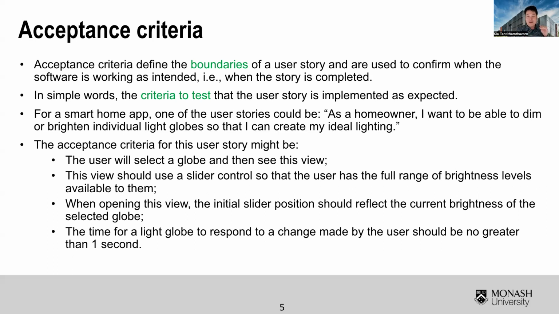Select the light, then the user will be able to use the slider control to control the brightness level, change the color of the light, change the flashing period or whatever. And the time for a light globe to respond to a change made by the user should be no greater than 1 second.